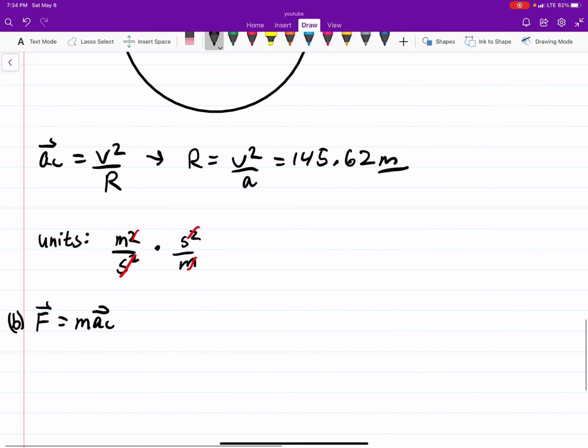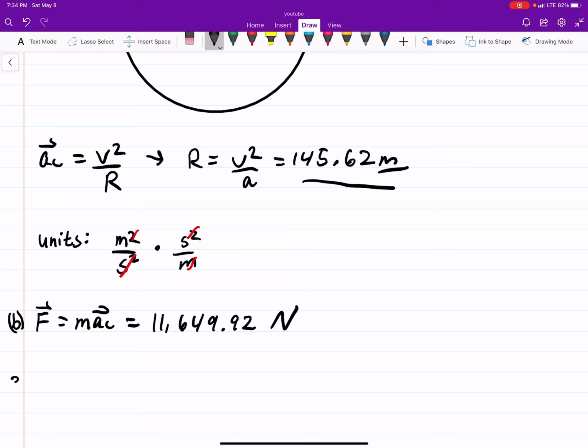So when I multiply this by the mass, I get 649.92 newtons. And that's part B.